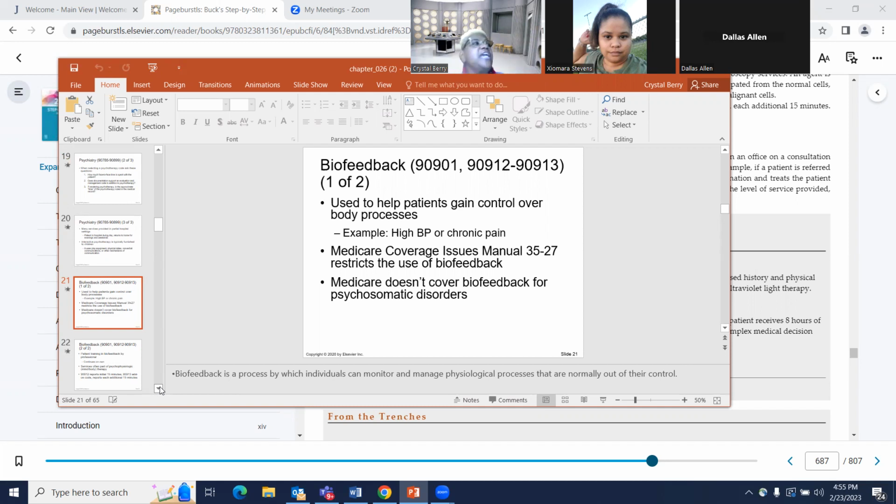What does the abbreviation EMG stand for?